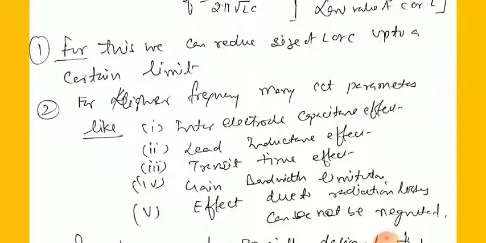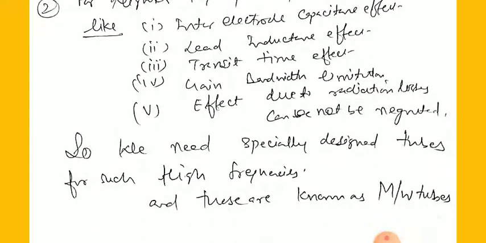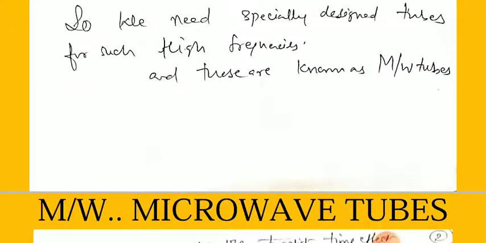The transit time effect is a very important concept, and the gain bandwidth limitations due to the radiation losses. These 5 different parameters make the normal tank circuit not suitable to produce microwave frequency. So we need specially designed tubes for such a high frequency range, and these are known as microwave tubes.